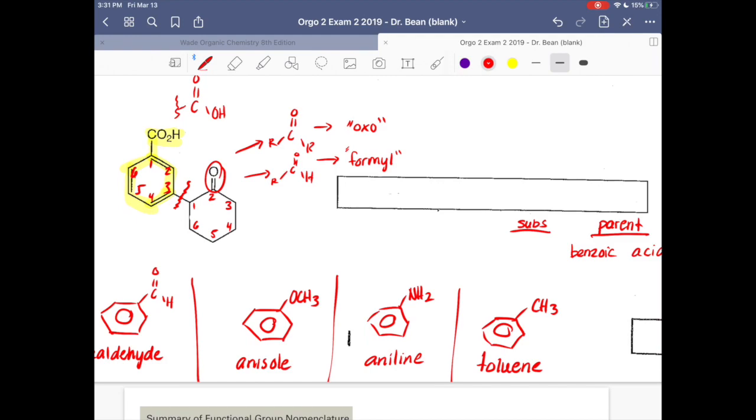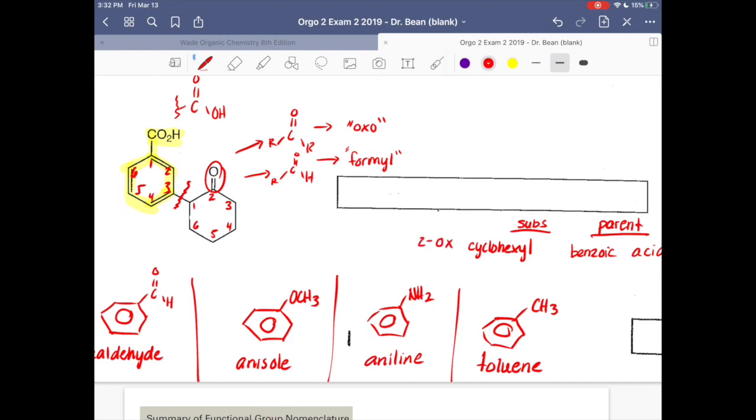So basically, when we ask ourselves, we have a ring, how many carbons do we have? So cyclo, right, for the ring. And then we have 6 carbons, so cyclohexyl, right? And then within this cyclohexyl, we have an oxo group at 2.